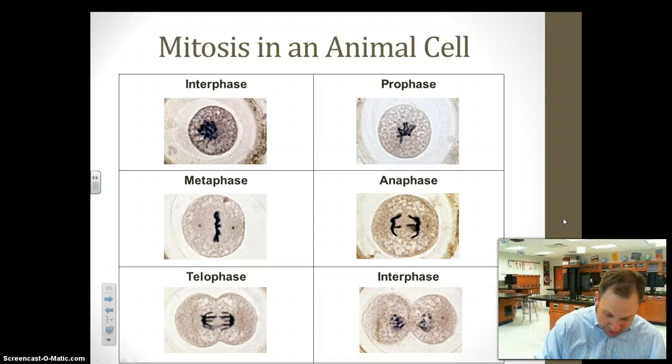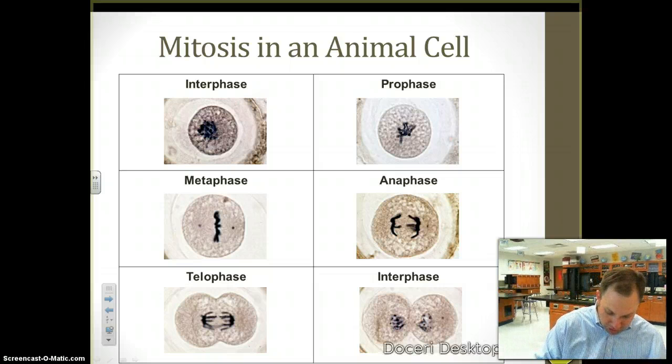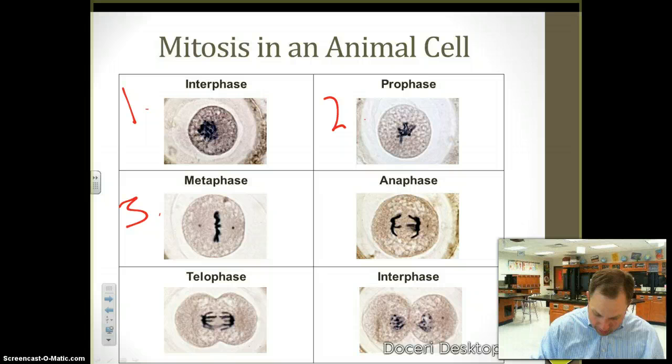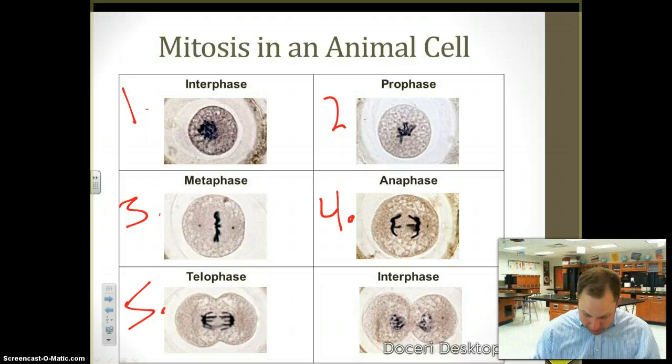So we've got interphase being the first step, interphase 1, prophase 2, metaphase 3, anaphase 4, and then telophase 5. And then lastly, we're back to our interphase process where we start all over again at 1.